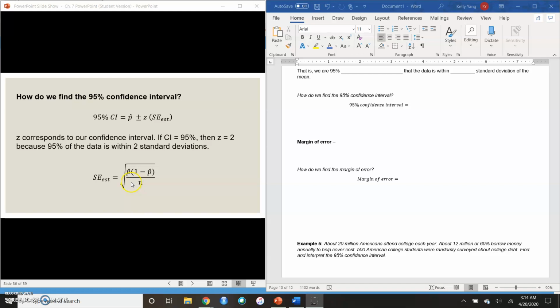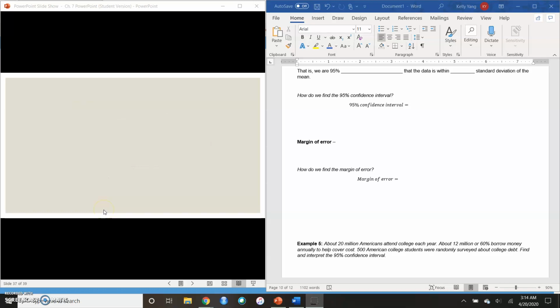And then again, a reminder, the standard error estimated is this right here. Before we get into actually calculating some stuff, let's look at another term. This term is known as the margin of error. The margin of error just tells us how far our estimate is away from our population value.